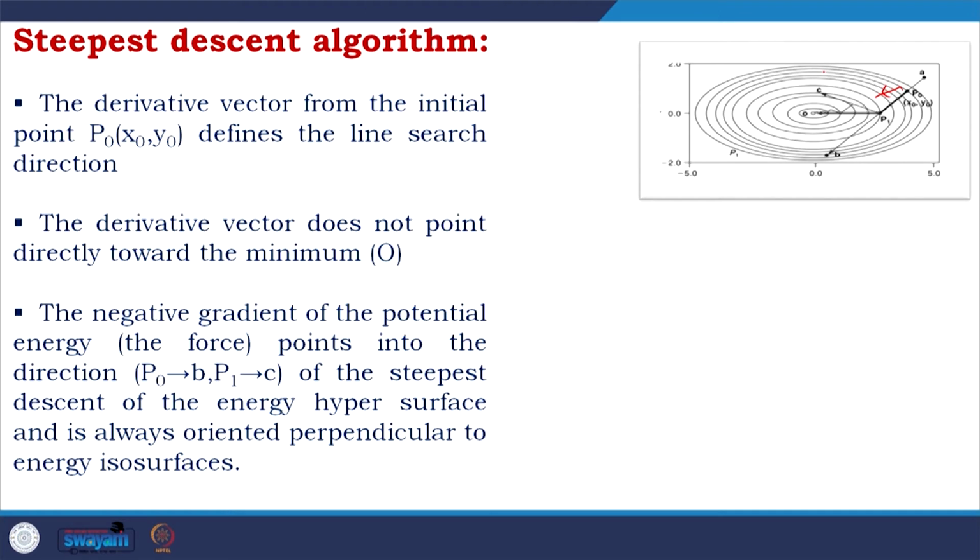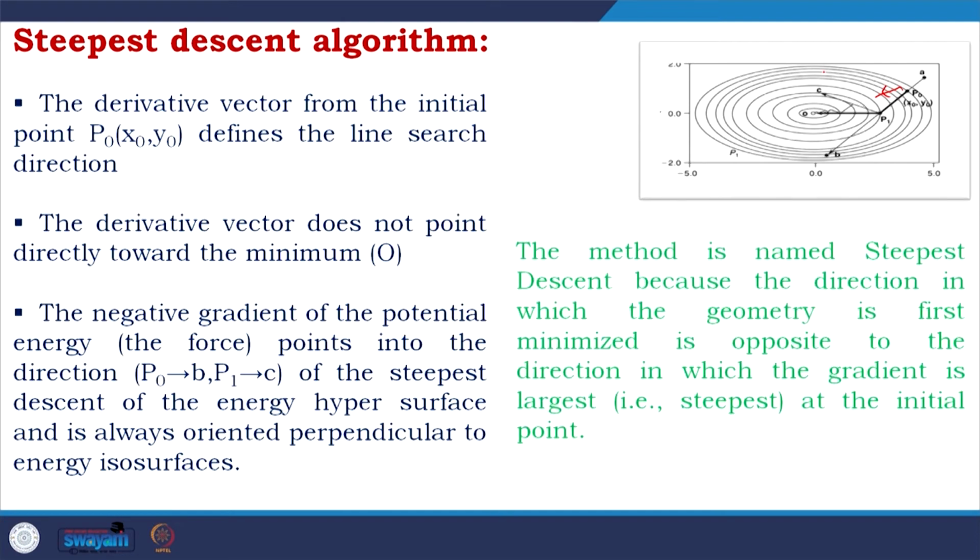The negative gradient is always oriented perpendicular to the energy isosurface. So it comes in one direction, then goes perpendicular, then comes in another direction and goes perpendicular. In that way, it reaches the minimum.